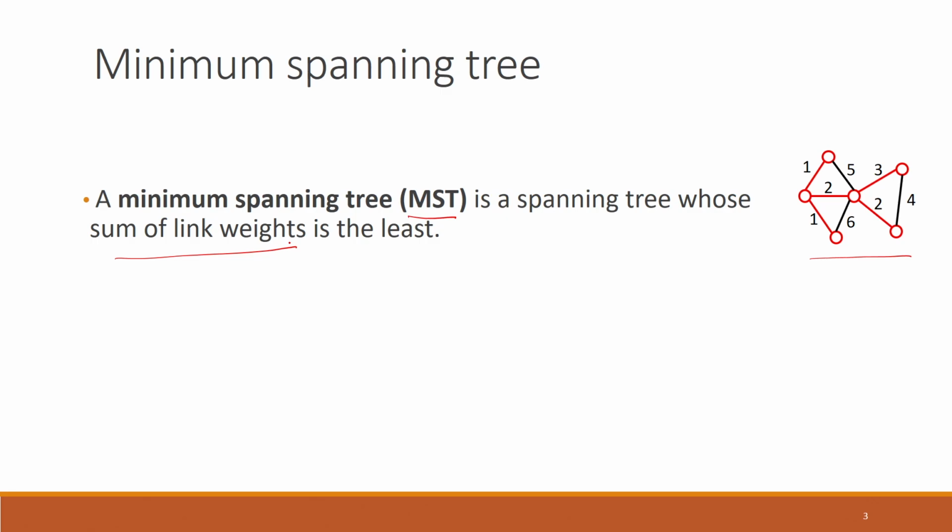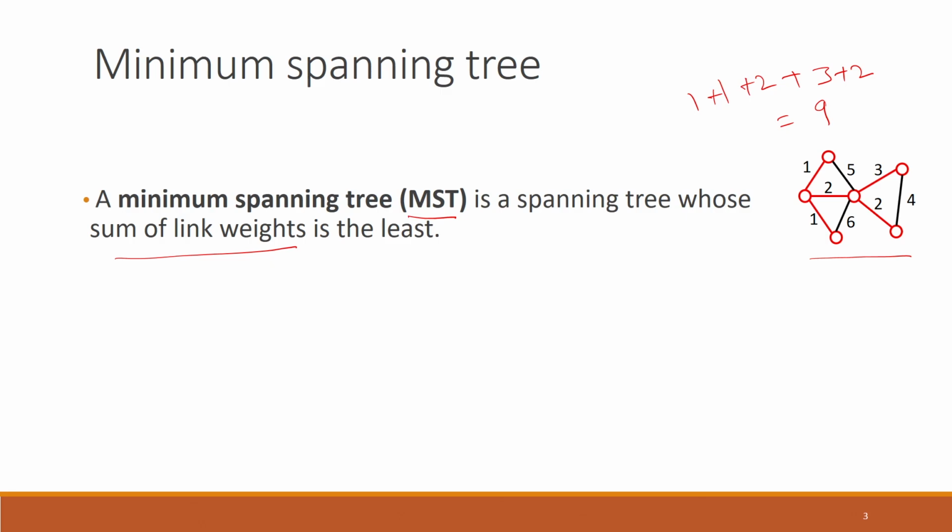Here, the sum of the link weights in this example will be 1 plus 1 plus 2 plus 3 plus 2. That value comes out to be 9.